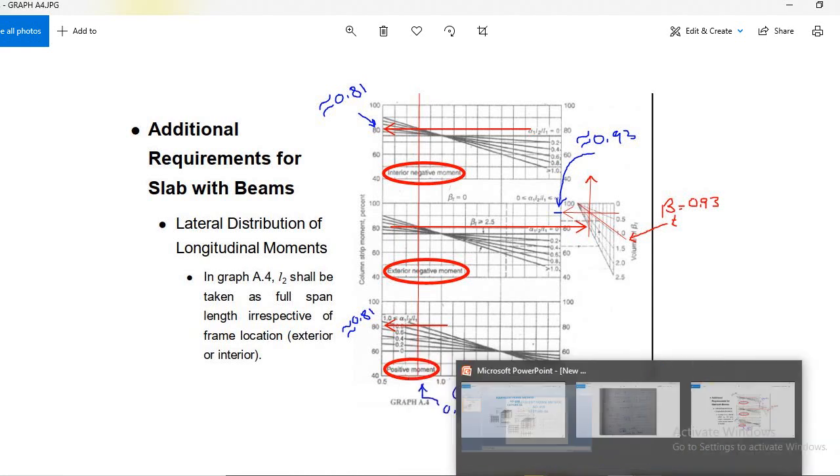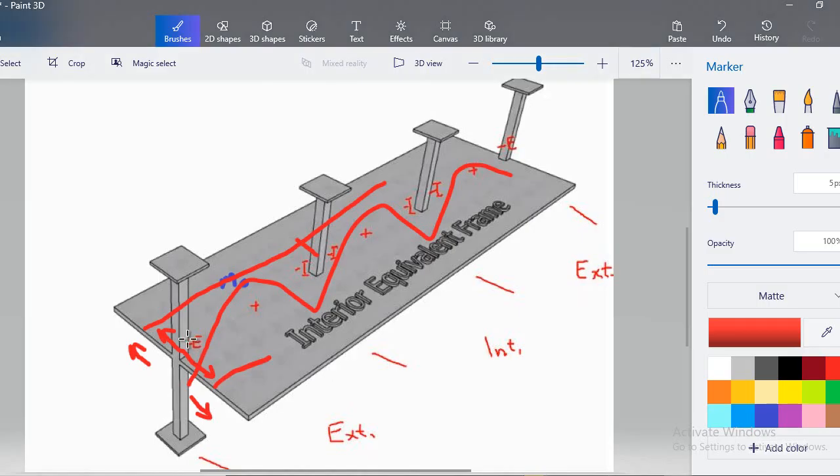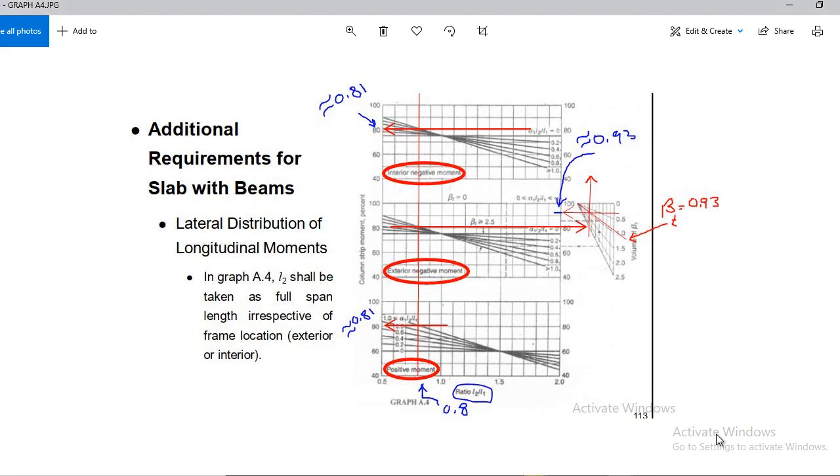Let me show you here. For this moment we will use the coefficient 0.93, and for this moment, which is the positive moment, we will use the coefficient 0.81, and for this one we will use 0.93. Clear?